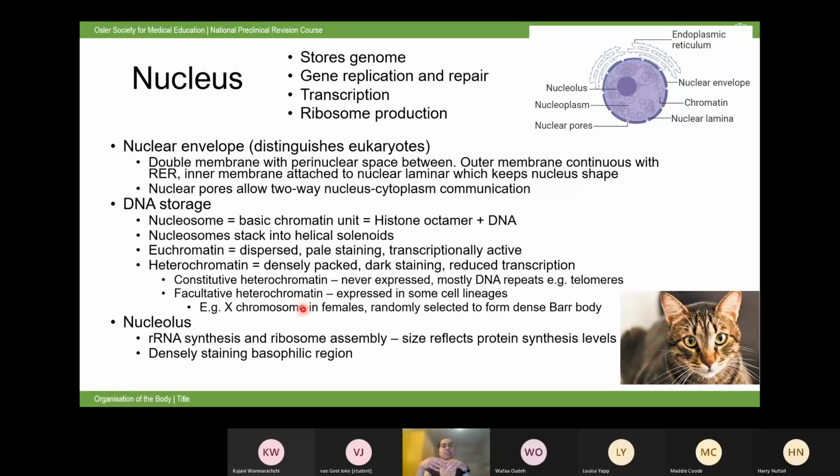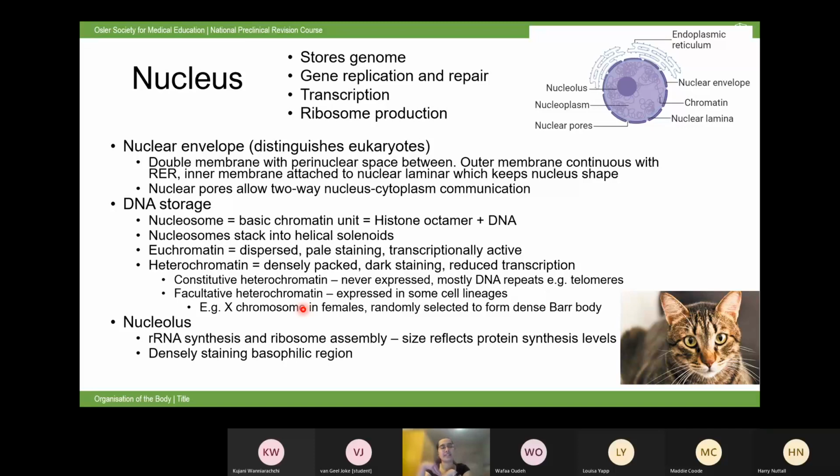So when it's euchromatin, it's more spread out, which allows easy transcription, whereas heterochromatin is the storage mode, and that's when it's very densely packed, which then means that it's darker staining because it's denser. And when it's like that, then it's not being transcribed, or it's being transcribed much less.